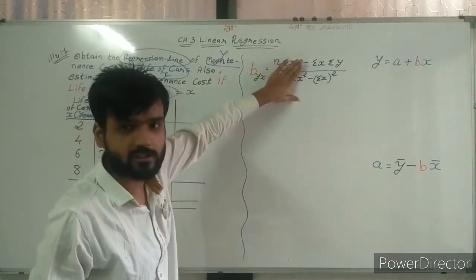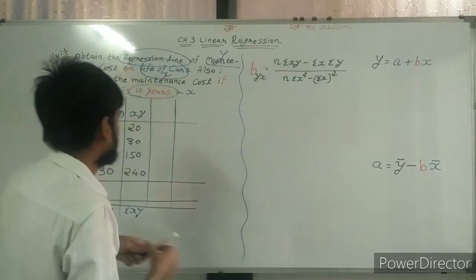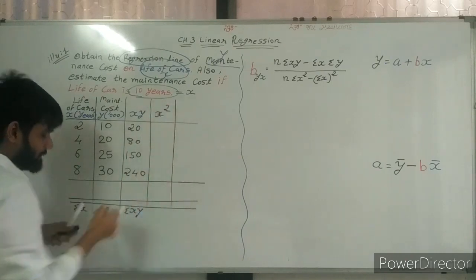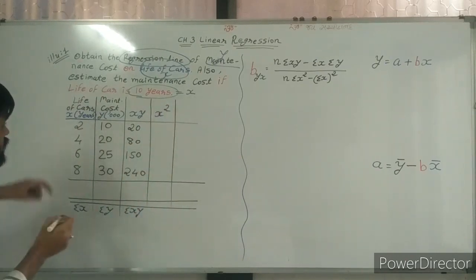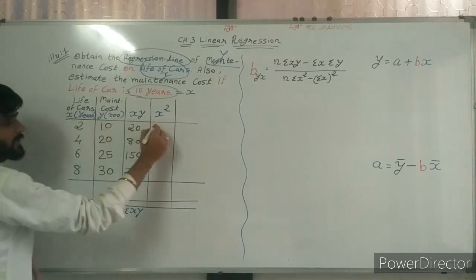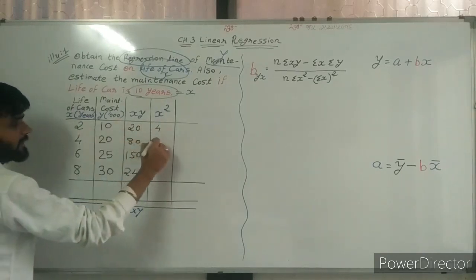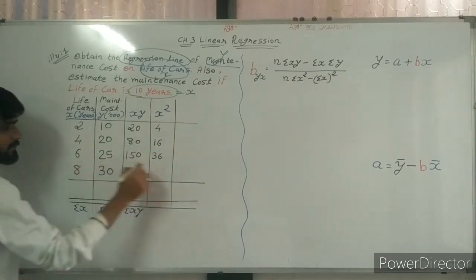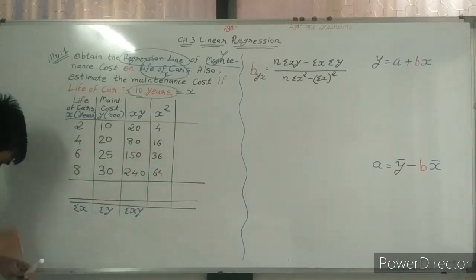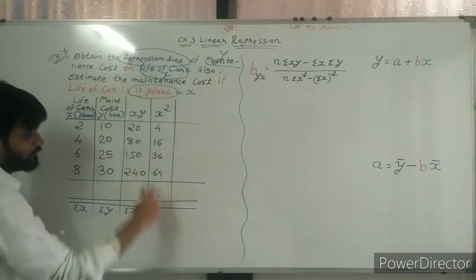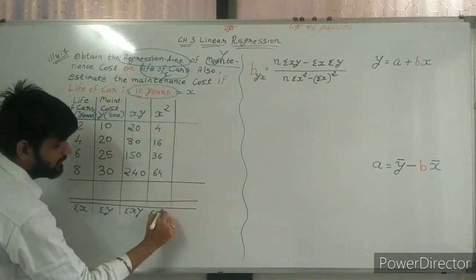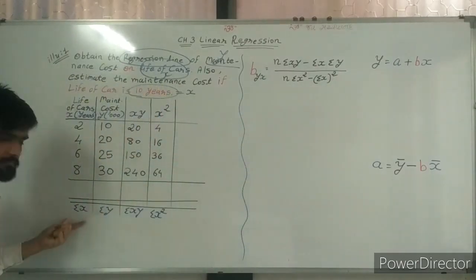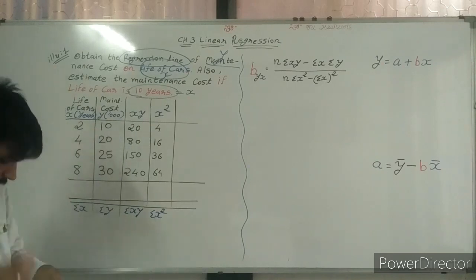First find x square. So square of this: 2 square, 4, 4 square, 16, 6 square, 36, 64. Total of this, sigma x square. Sigma x whole square, so sigma x is here. No problem about it. Simplest one.